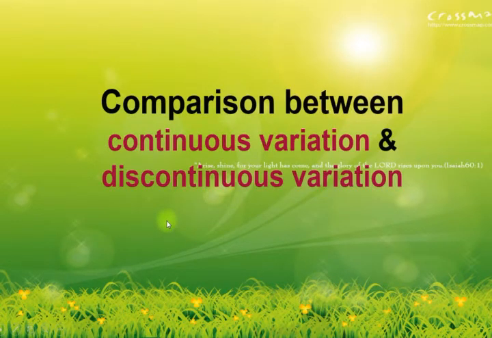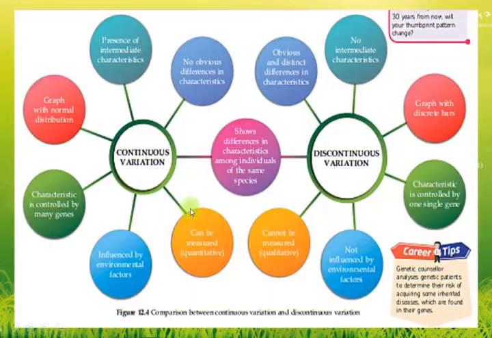Let's go to the comparison between continuous variation and discontinuous variation. Please look in your textbook, maybe it is a bit clearer than this. First, the similarity between continuous and discontinuous variation: both show differences in characteristics among individuals of the same species.